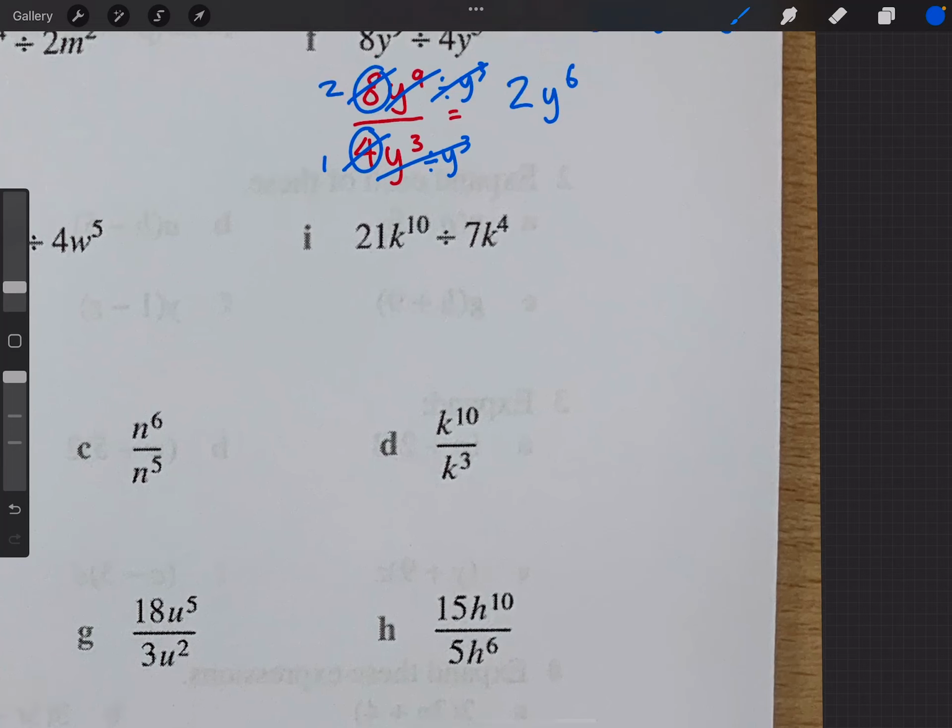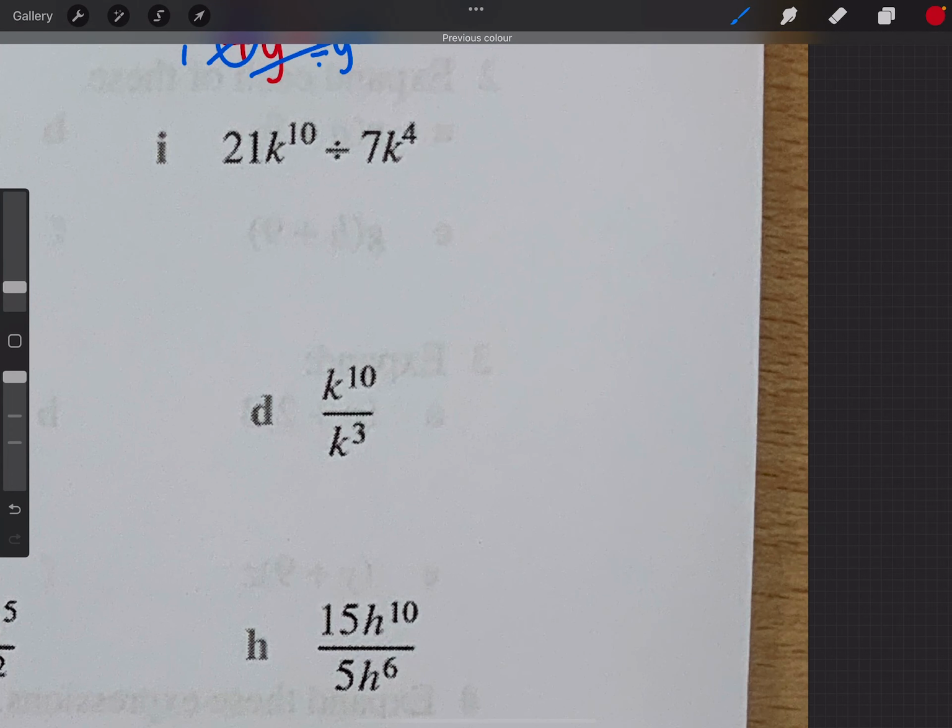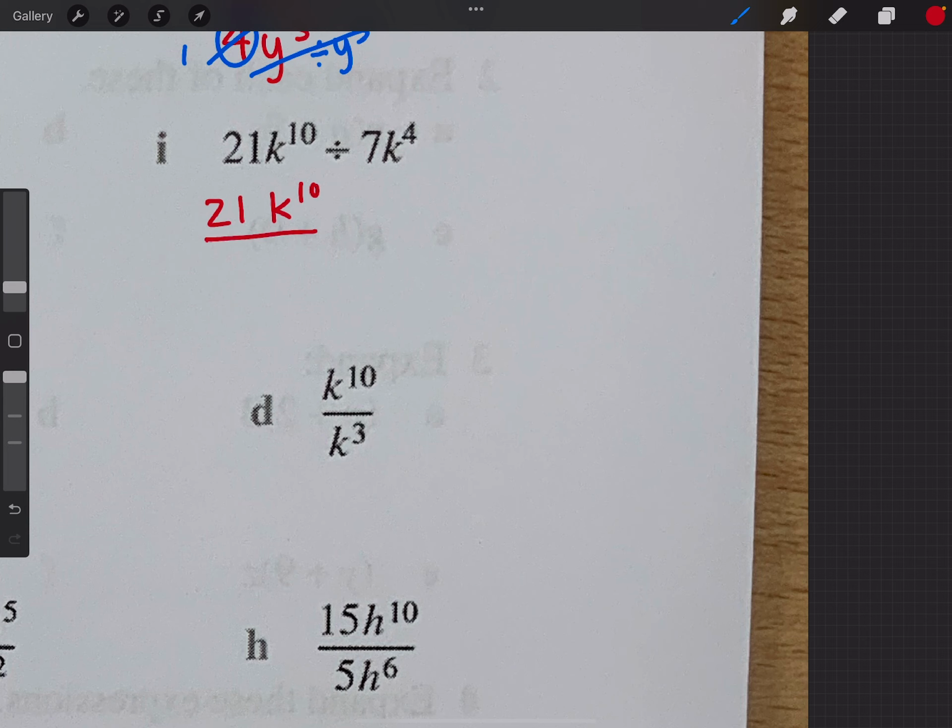Alright, next one, question I. 21k to the 10 divided by 7k to the 4. What we're going to do is simplify the numbers first. We can divide this one by 7, we get 1. Divide this by 7, you get 3. So the answer is going to be 3 something.